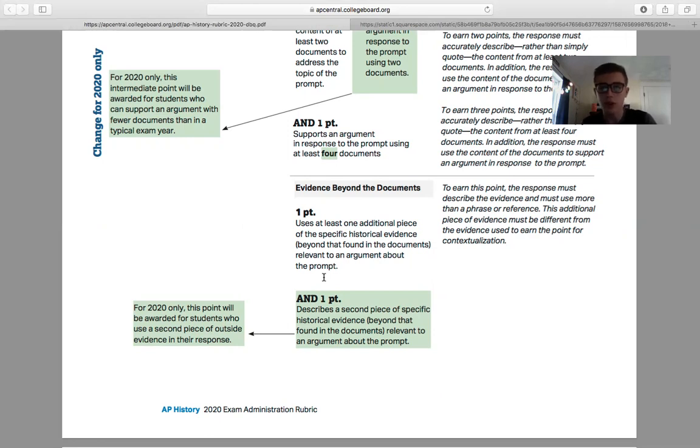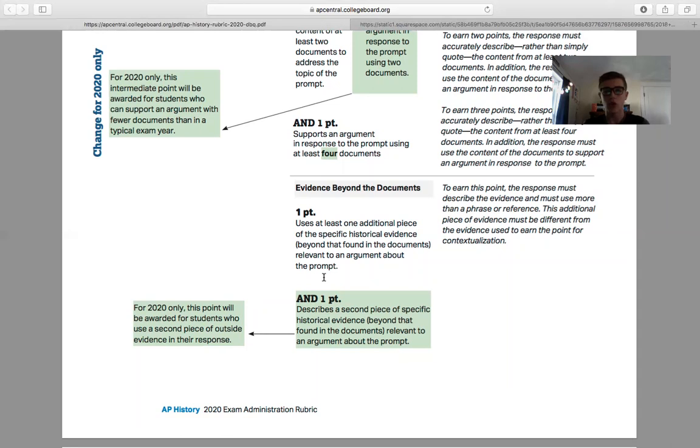This additional piece of evidence must be different from the evidence used to earn the point for contextualization. So you're going to need, once again, for the documents, another historical reference for at least one of them.